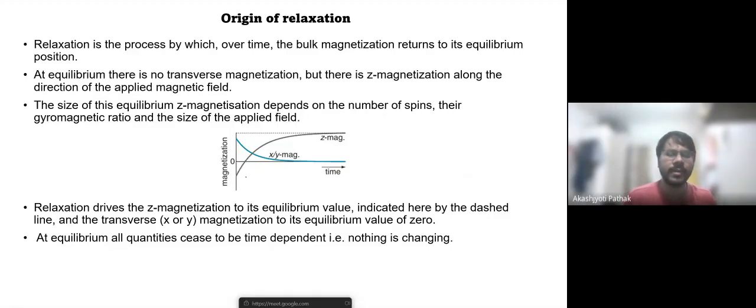Now, when you give it some time, the transverse magnetization will attain a zero value, but the longitudinal magnetization will attain a value which is called the equilibrium magnetization.